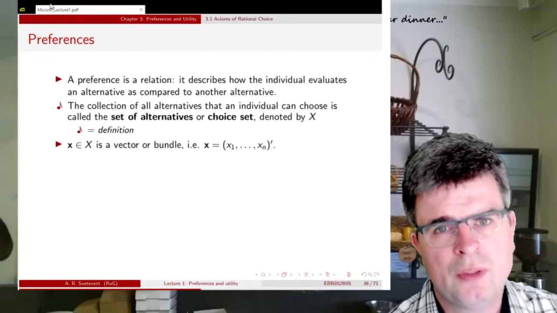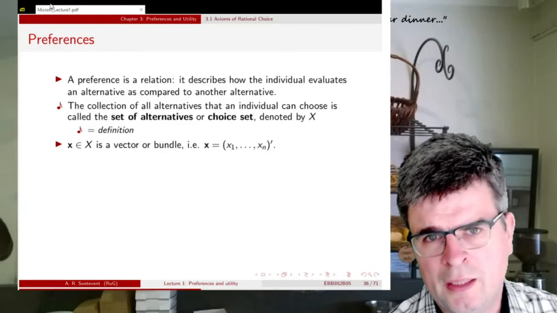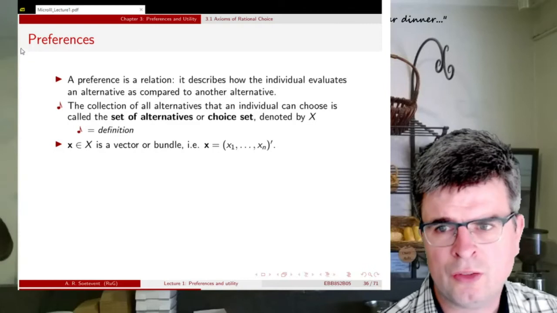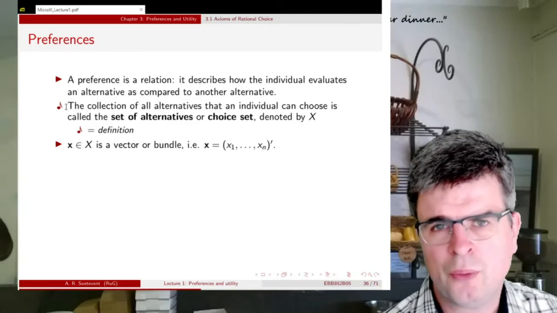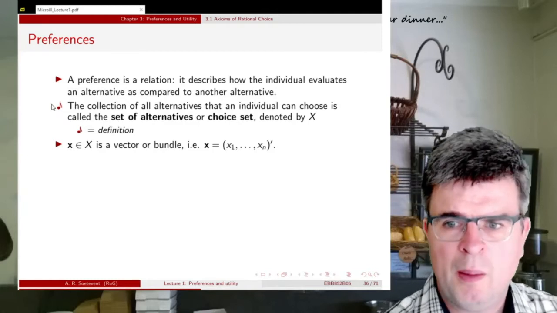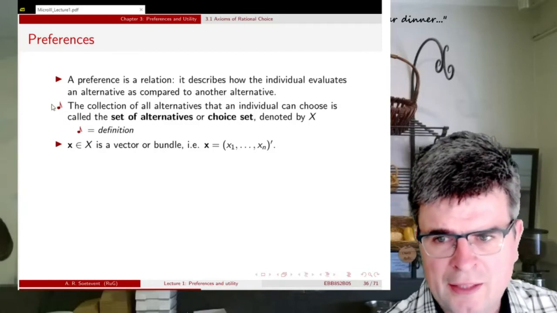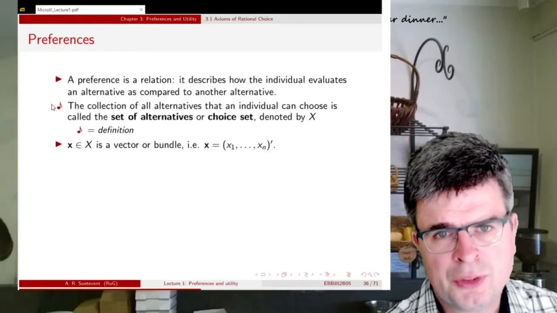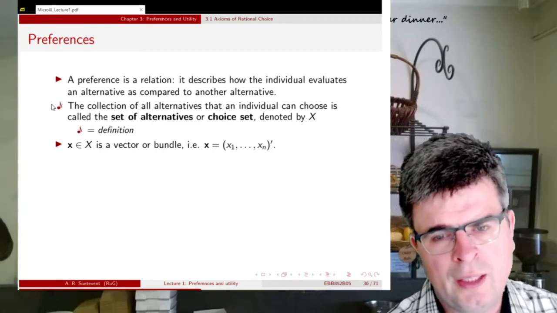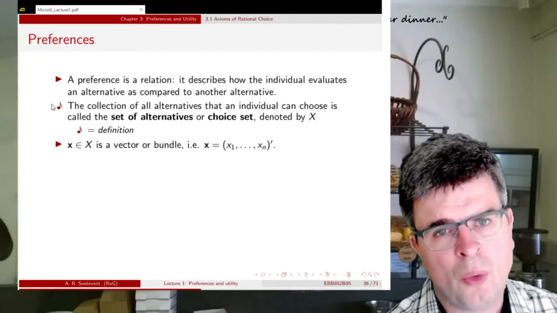And we denote the set of alternatives by the capital X. And every time when in the slides I use this musical note, then I mean that a definition of a concept is given. And the boldface X that is part of this choice set X is a vector or a bundle denoting one particular alternative.